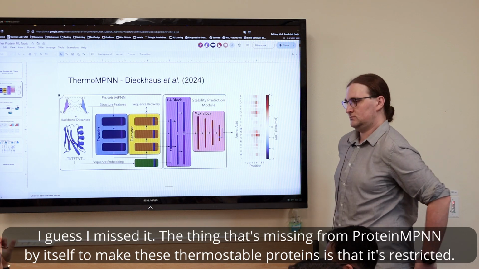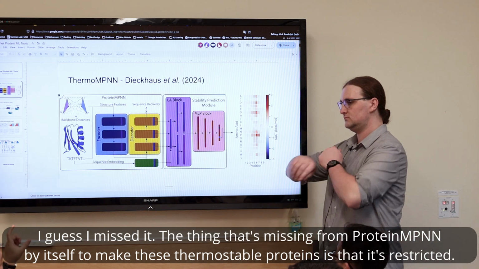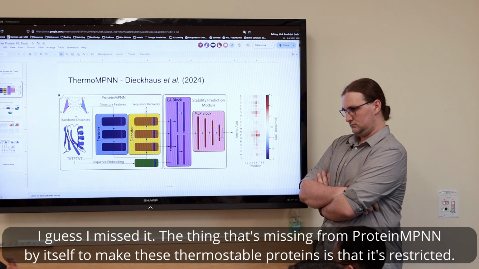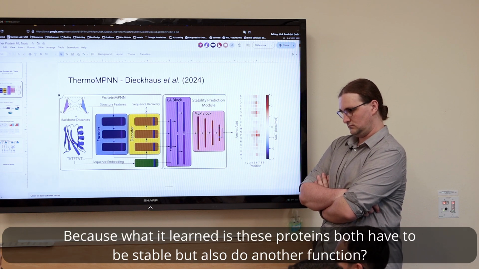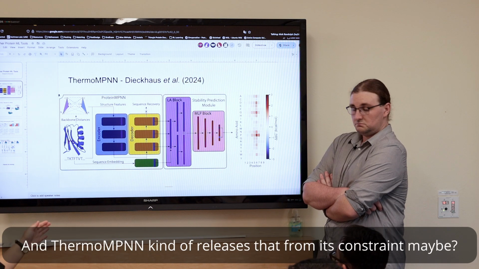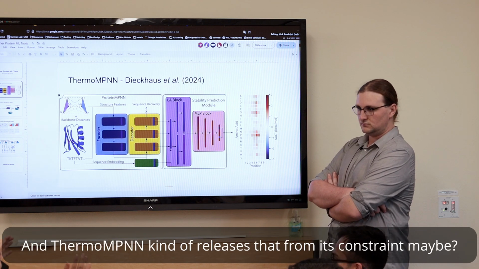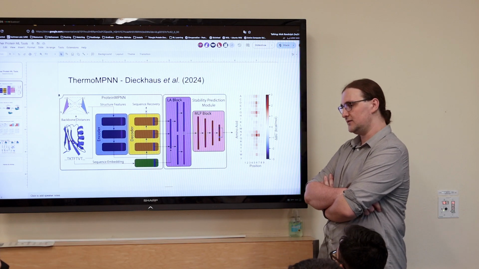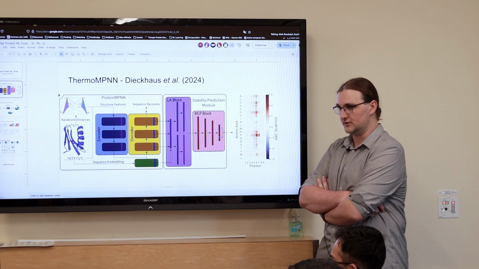The thing that's missing from ProteinMPNN by itself to make these thermostable proteins is that it's restricted, because what it learned is these proteins that both have to be stable but also do another function, and ThermoMPNN kind of releases it from this constraint, maybe? Yeah, I don't think that's a terribly far-fetched explanation.